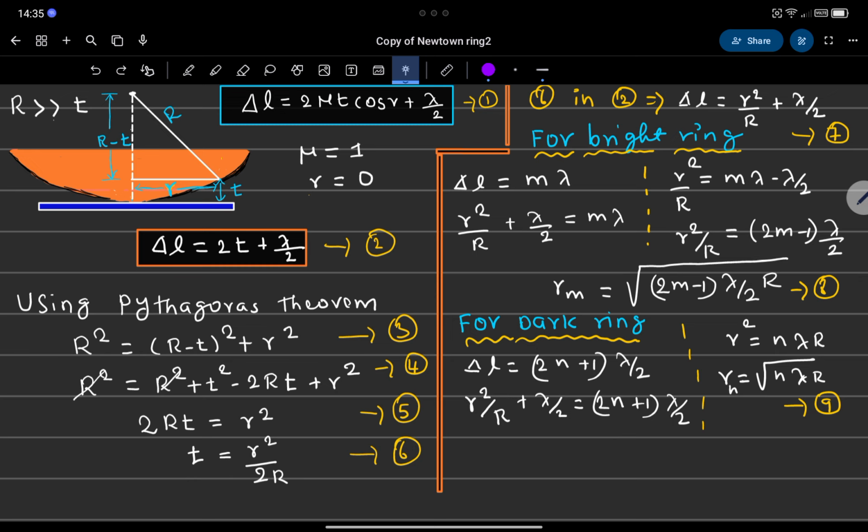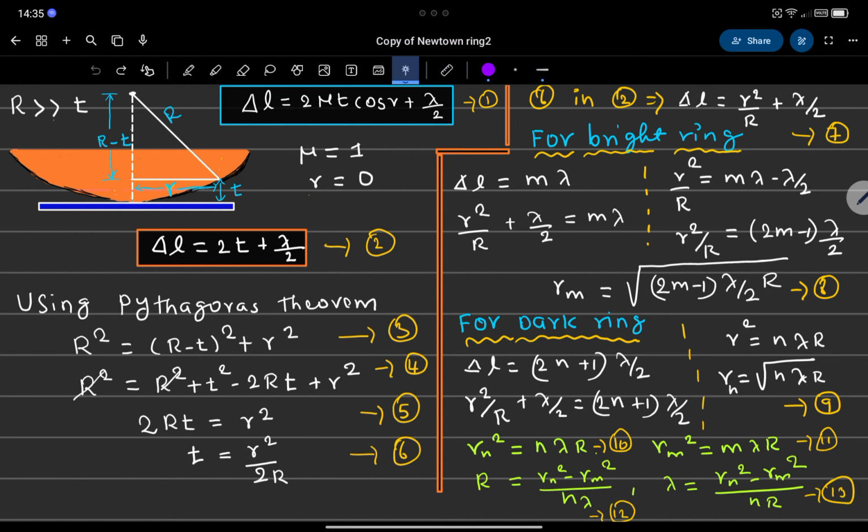In addition to this, if you know two different radii of the mth and nth dark rings, then we can find the radius of curvature using this formula.